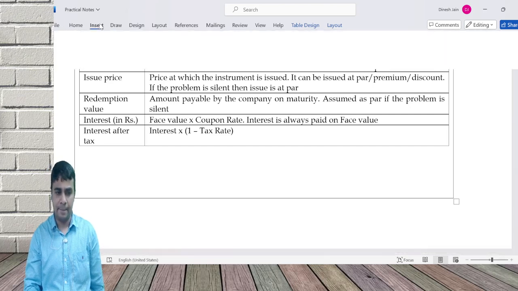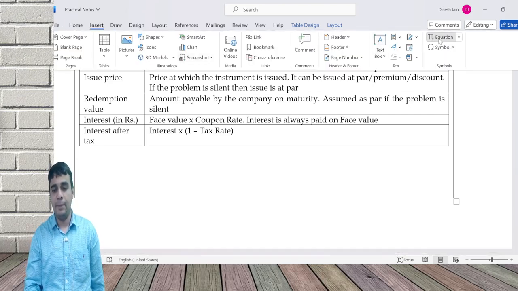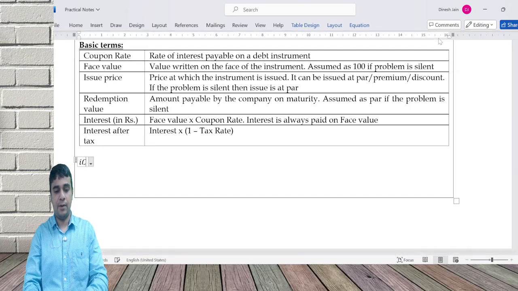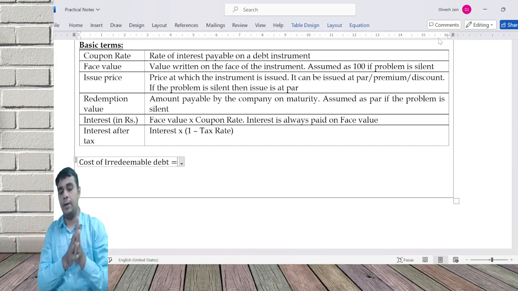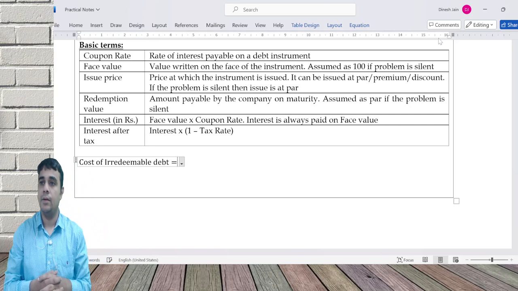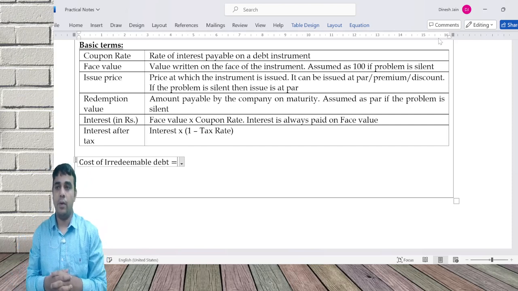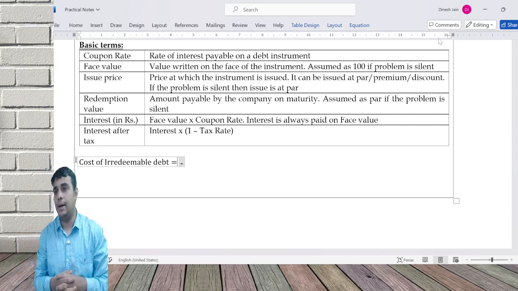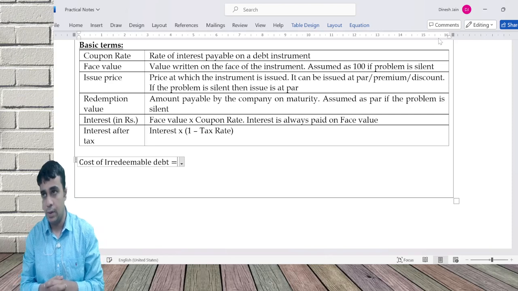I'll see it later. Now, right below the table, cost of irredeemable debt. The term irredeemable debt means there is no end to this.